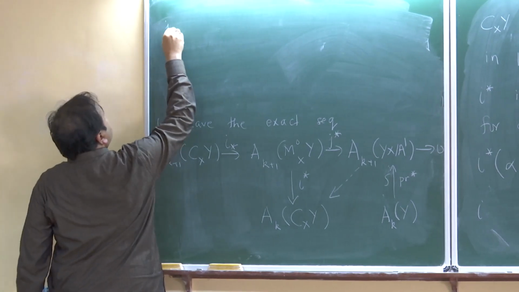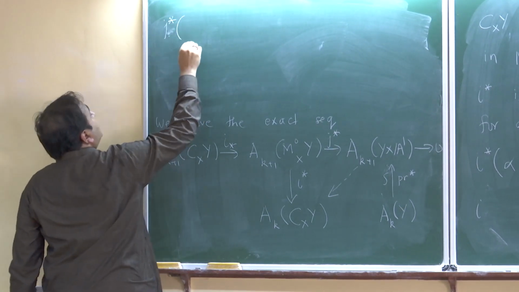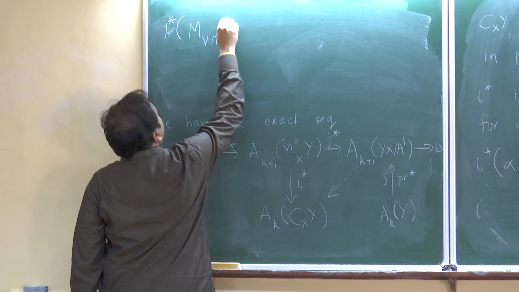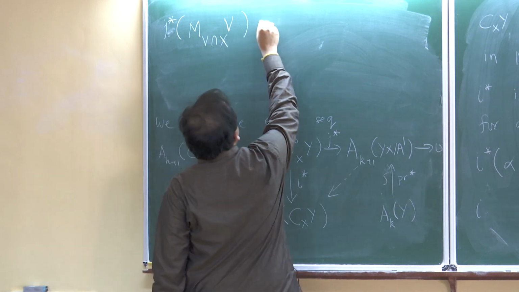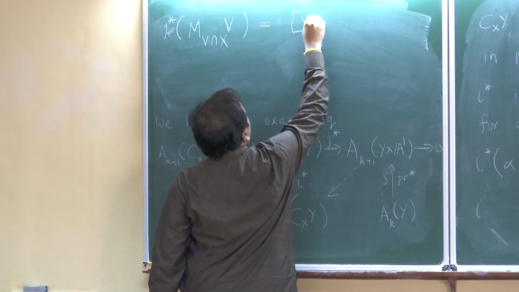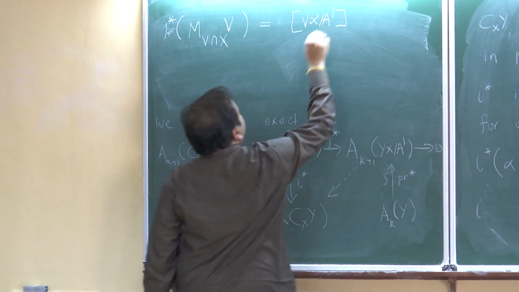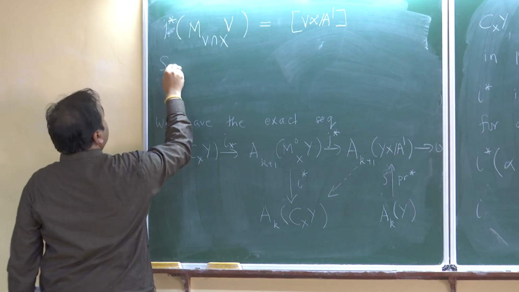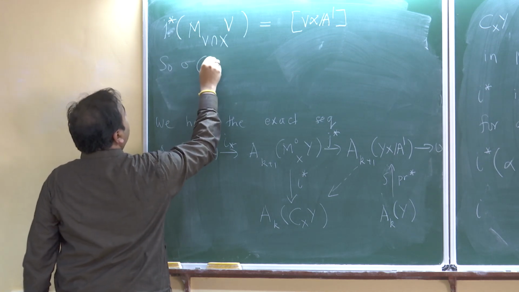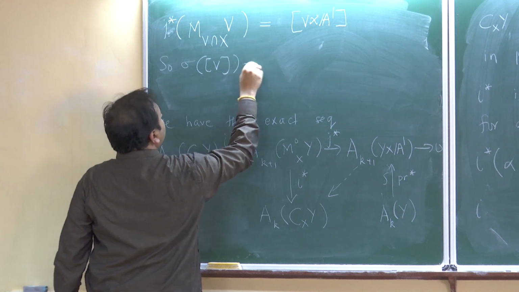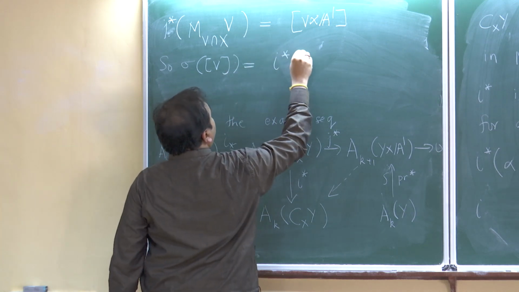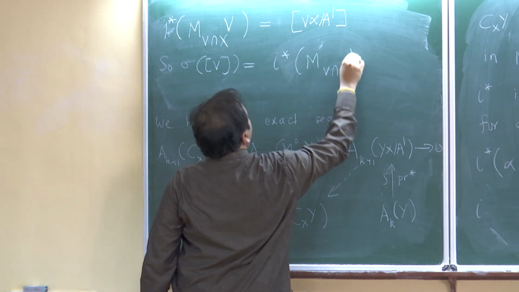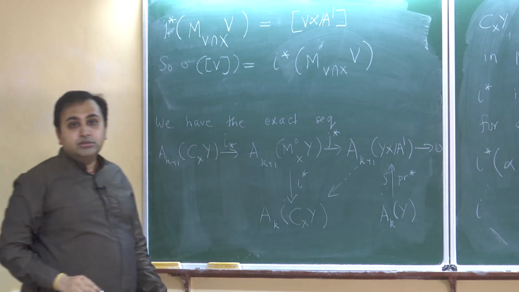Now j upper star of M_V intersection X_V is equal to V cross V. Then I can just take the image of this under i upper star. So sigma of V is equal to i upper star of M_V intersection X_V.